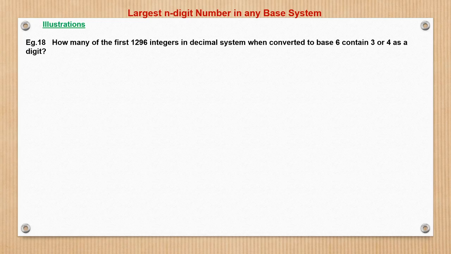Next question is of a similar pattern. It reads: how many of the first 1296 integers in the decimal system, when converted to base 6, contain 3 or 4 as a digit?